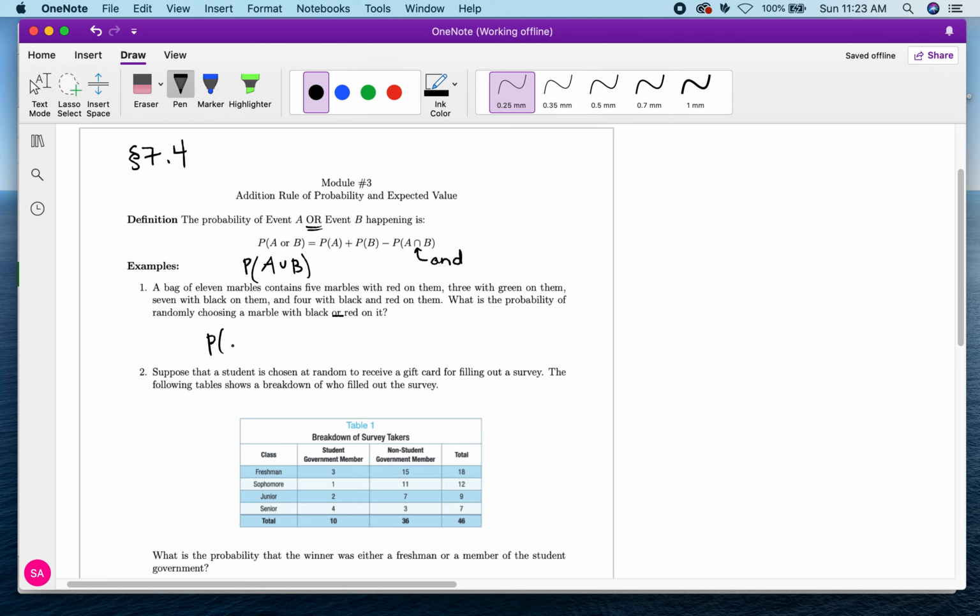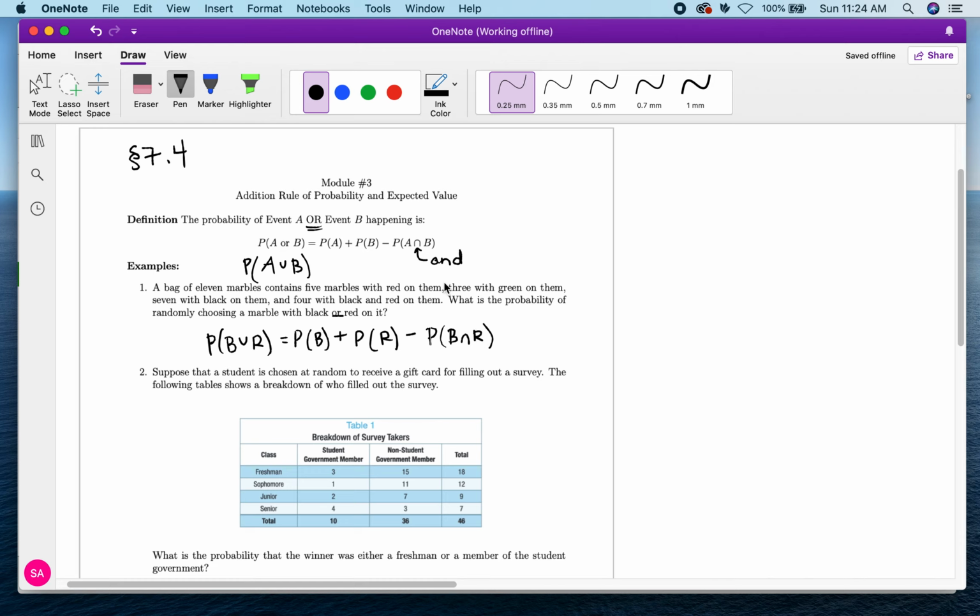So how we would write this out, the probability of black, I'm going to put the union symbol, or red, is going to be equal to the probability of choosing a marble with black on it plus the probability of choosing a marble with red on it minus the probability of choosing a marble that has both of those colors on it.